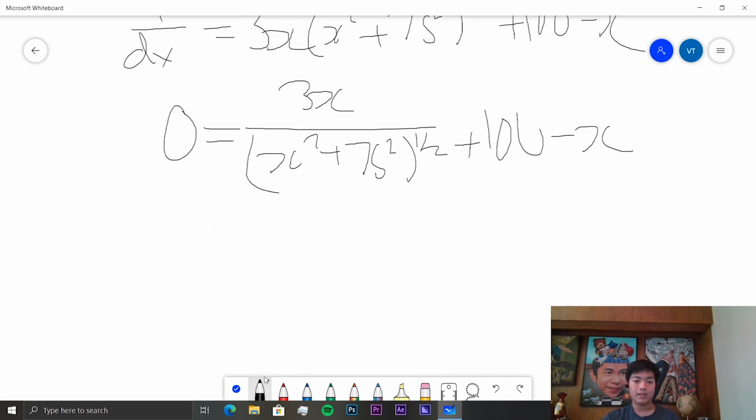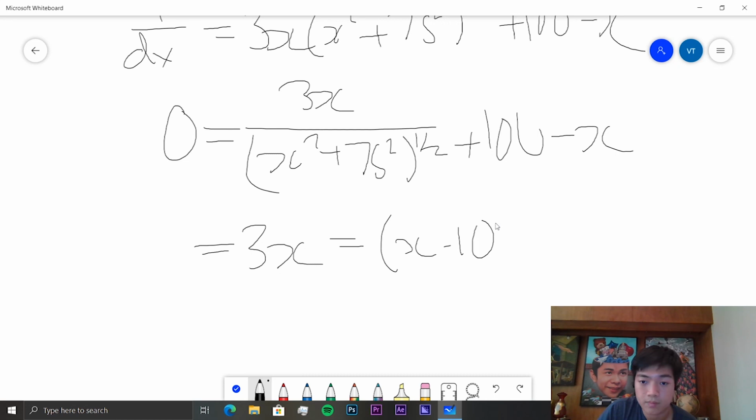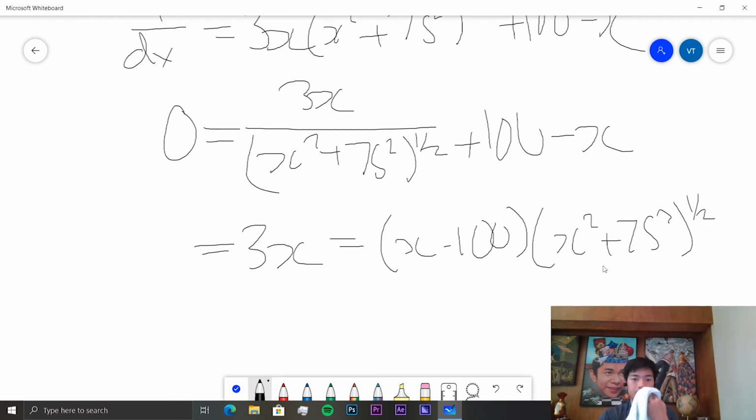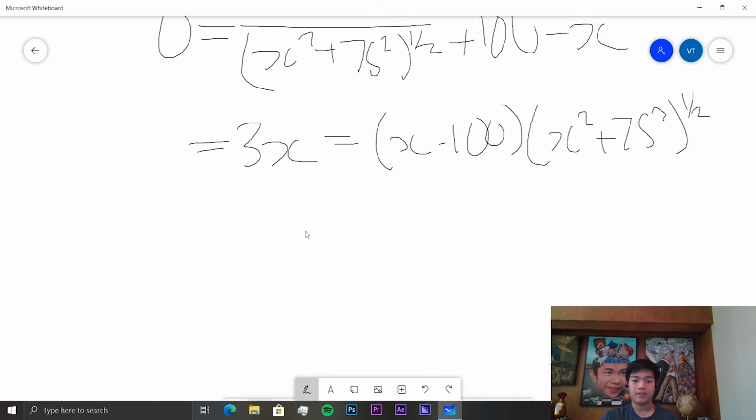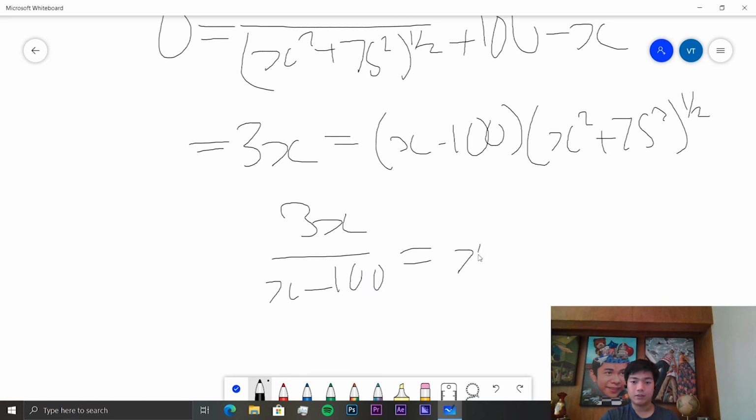So we get 3x is equal to x minus 100 times x squared plus 75 squared to the power of 1/2. So we have, in effect, 3x over x minus 100 is equal to x squared plus 75 squared to the 1/2. So let's square both sides.